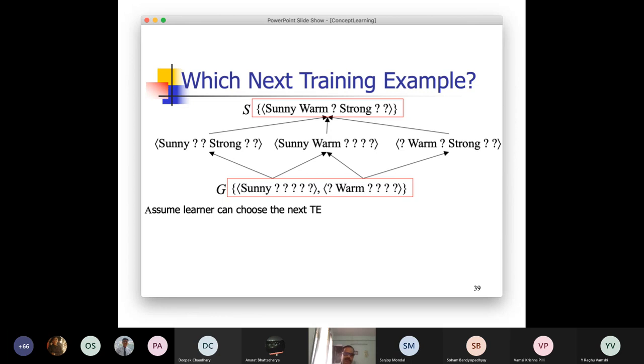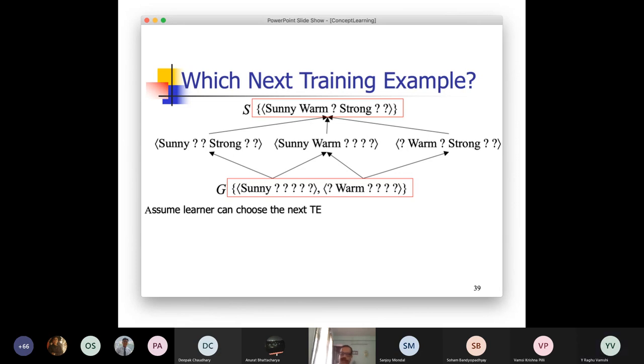So first, when you are using this candidate elimination algorithm, as you see, every training example is narrowing down your version space. For the positive examples, you are moving towards more generalization, and for the negative examples, you are moving towards more specialization. In this way, the size of the version space is getting narrowed.